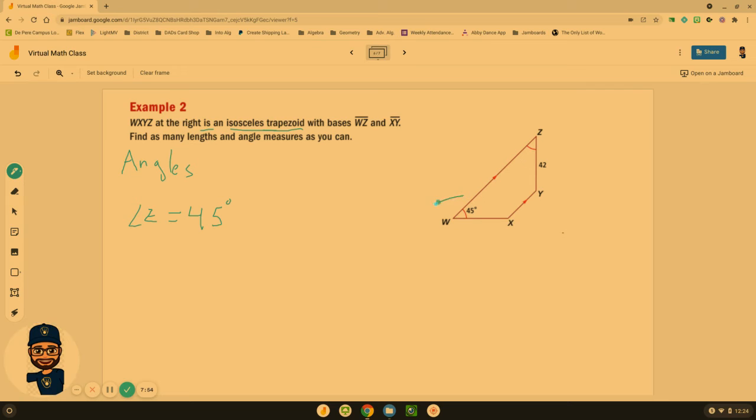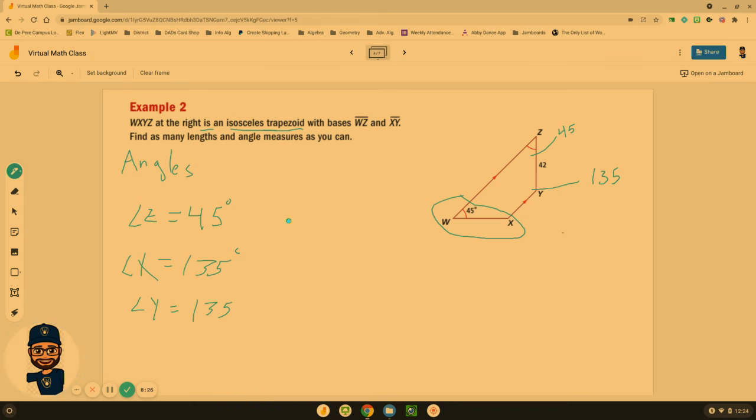Well, we should know that W and X have to be supplementary, so they have to add up to 180, which means X is 135. But because this is an isosceles trapezoid, we also know that Y is going to be the same, or 135. Right? If we made this one down here 45, that meant this one would also have to be 135.